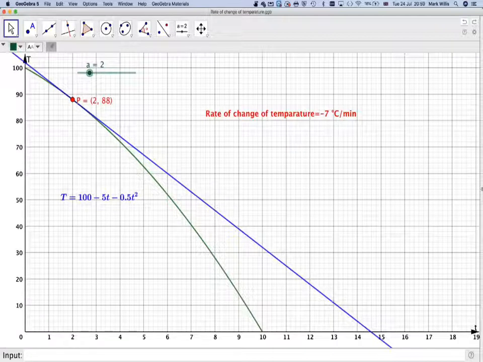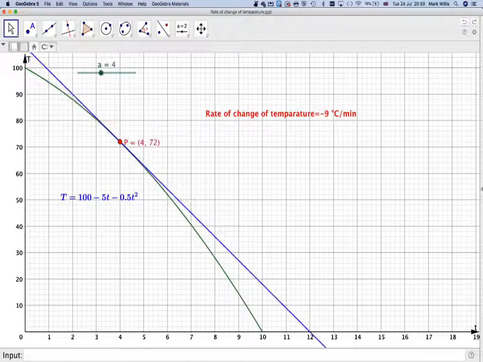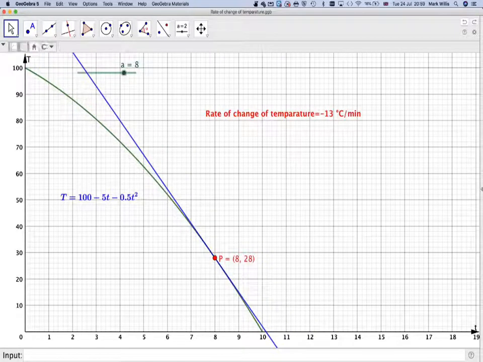At 4, we've got minus 9 degrees per minute, and then at 8, we've got minus 13 degrees C per minute.